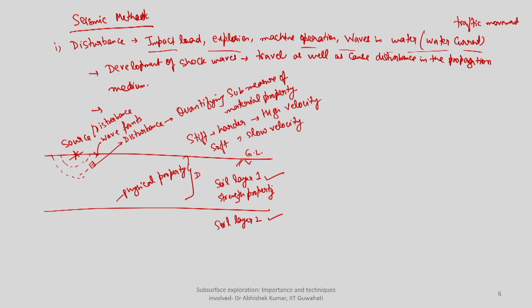Now, what will happen as a result of this wave front? I am showing you some of it here. Once the wave front reaches there, why am I calling it an interface? Because suppose this is a soft medium and this is a stiff medium, with a sudden change or too much contrast in medium characteristics.